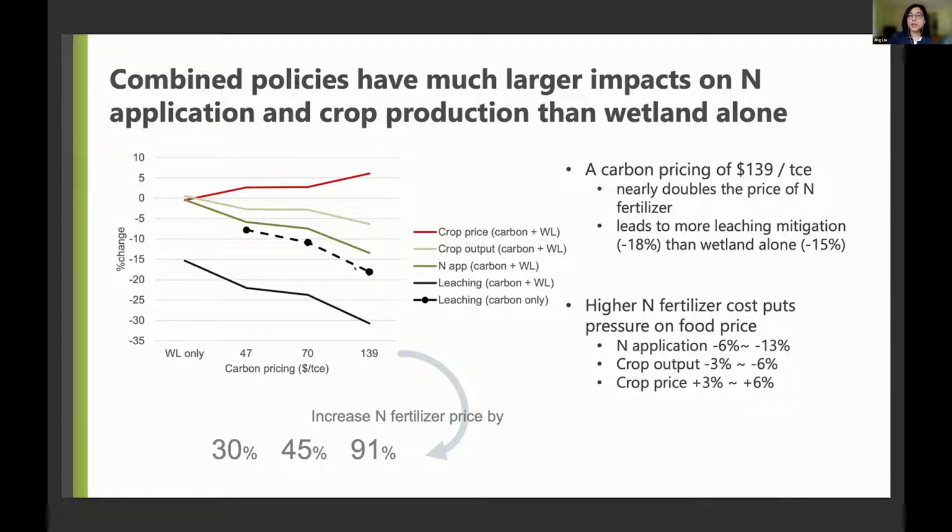That means even if you don't consider any conservation practices, carbon pricing alone is already pretty effective, and can be even more efficient than wetland restoration. And then of course, we see a larger impact on food price than the wetland alone.